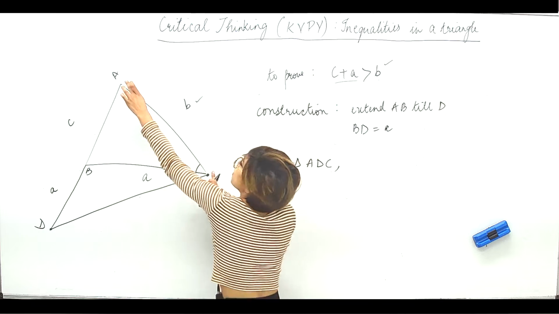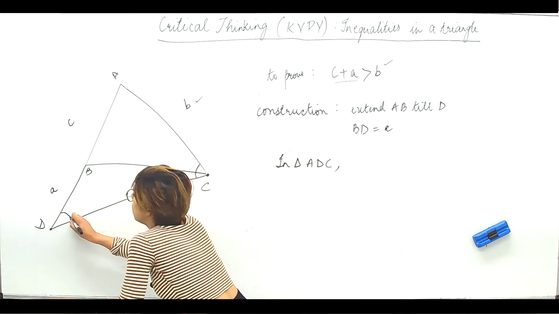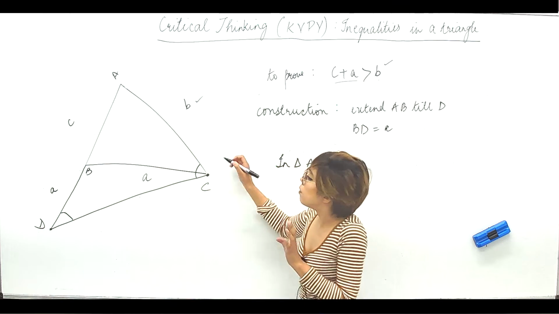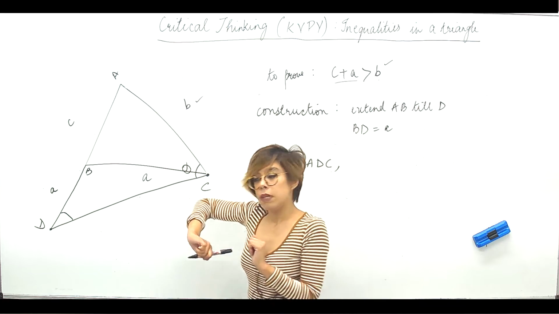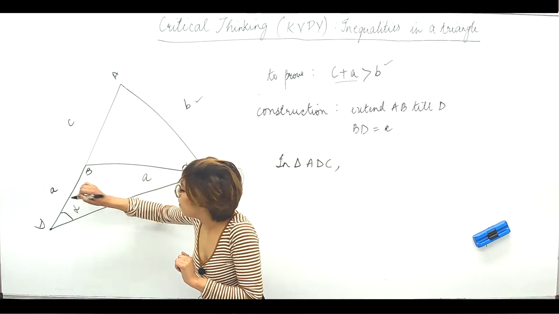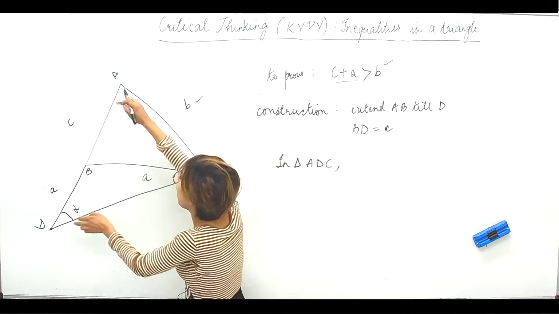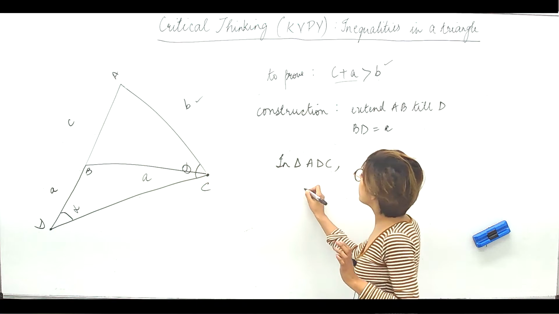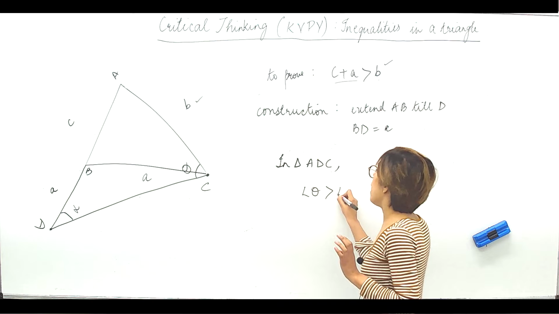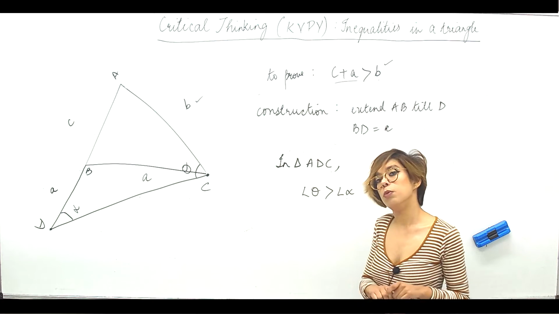Okay? And इसके opposite angle देखें, this angle. Somehow I need to prove, अब पूरे angle को बोल देते हैं theta. Right? अब इस angle को बोल देते हैं alpha. Somehow I need to prove that this angle is greater than this. That angle theta is greater than angle alpha. I need to prove this.